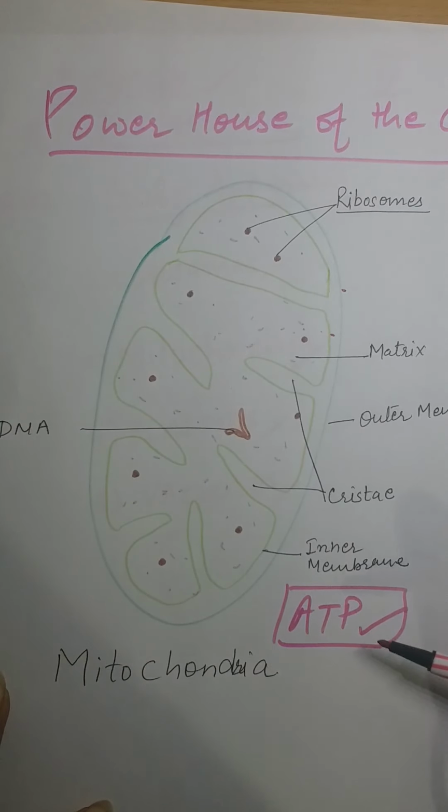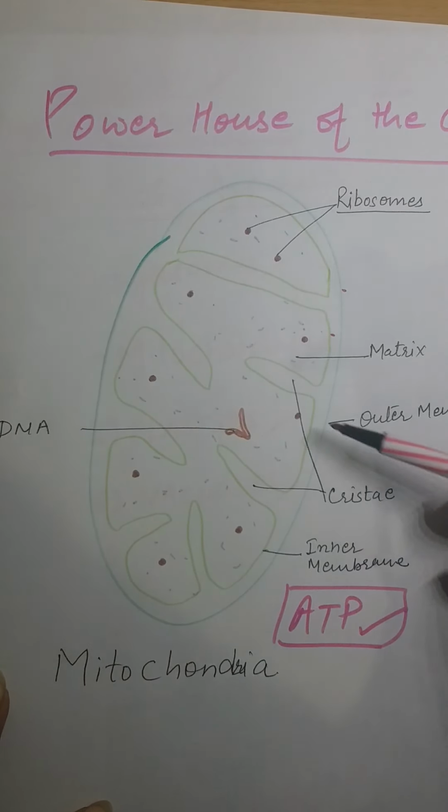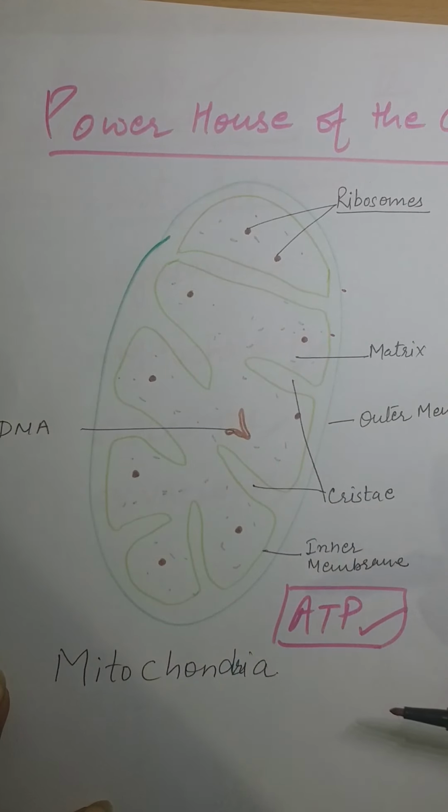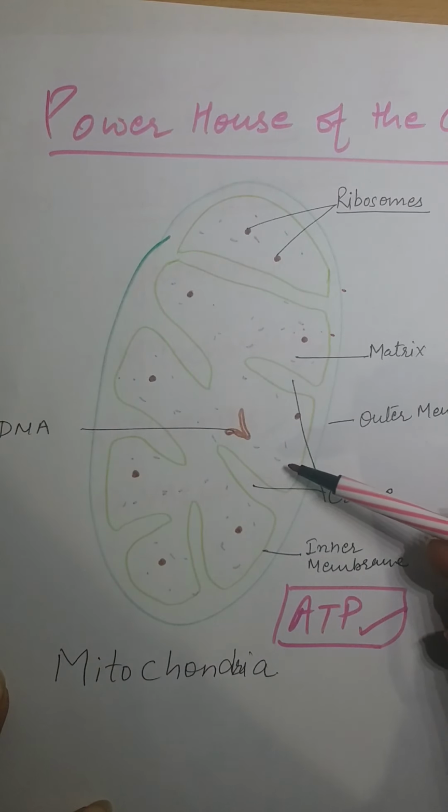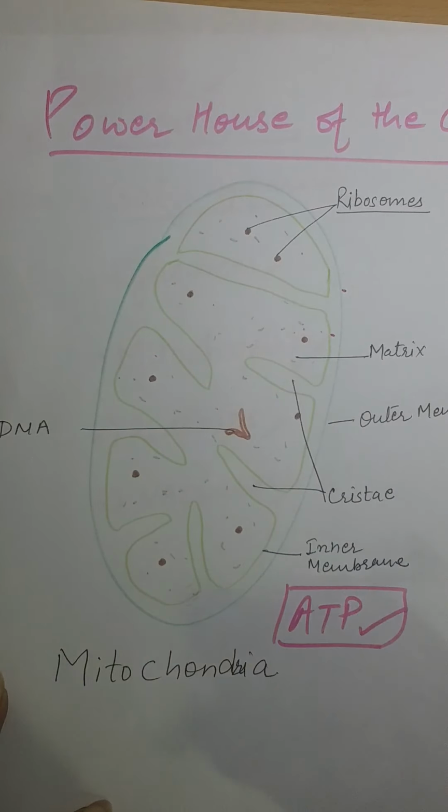ATP is known as the energy capsule, released by the mitochondria, which provides energy to the cell to perform various chemical reactions.